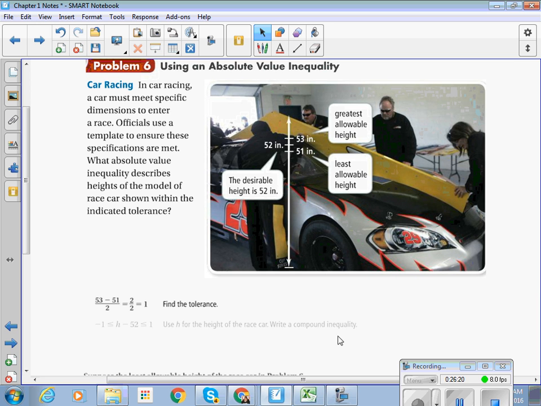So if we're going to write that as an inequality, we take whatever our actual height is minus our desirable height, which is in this case 52, and that has to be in between -1 and 1, because we can be 1 inch below that or 1 inch above that.